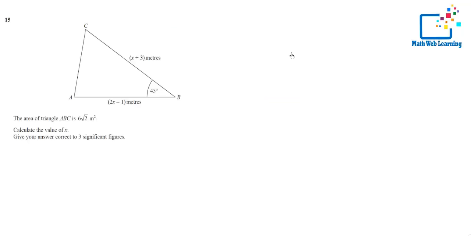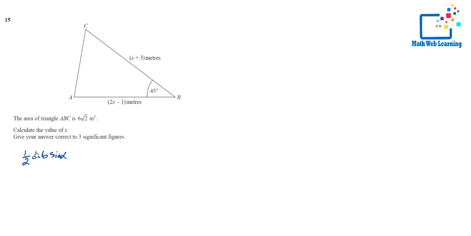Right, question 15 is a question on area of a triangle using the sine formula. The formula is half a times b times sine alpha. Okay, so let's put in the values. Now a is this side, b is this side, and alpha would be 45.